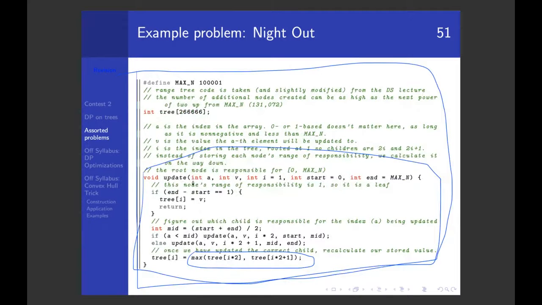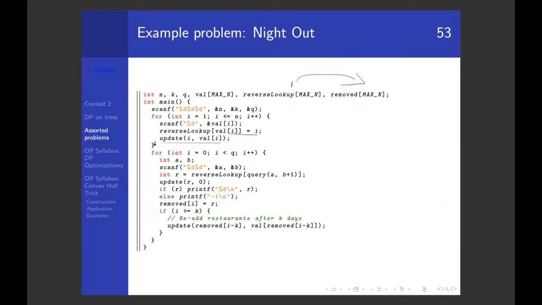So we're saying index A, value V. This just creates the segment tree initially. Then for each query, step 1, scan the input. Step 2, doing 2 steps in one.